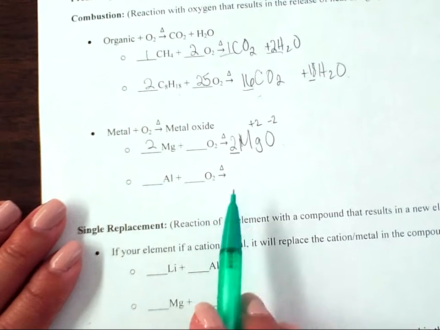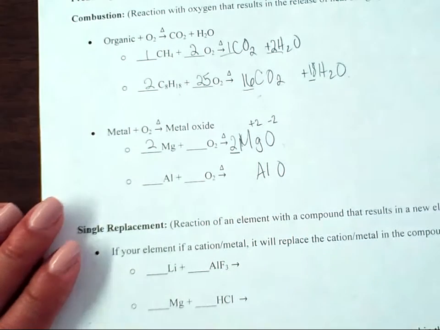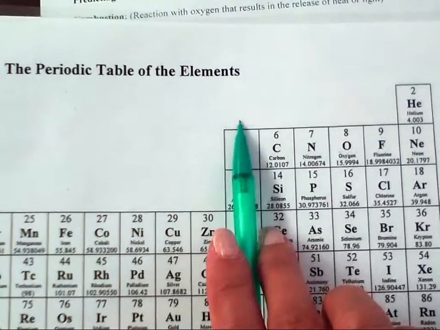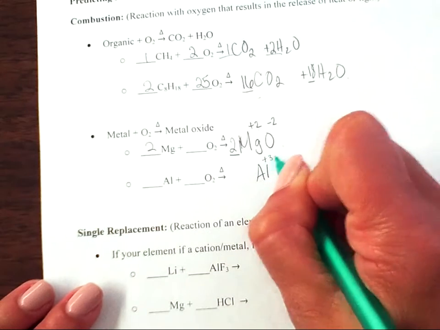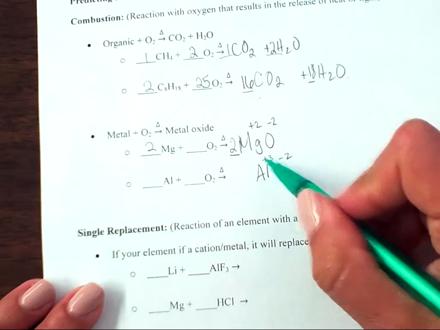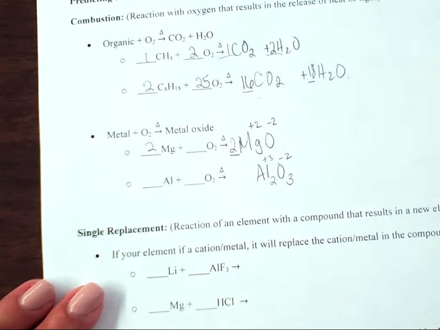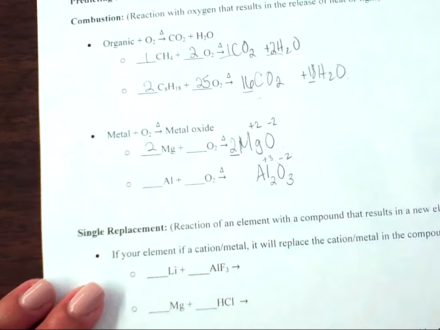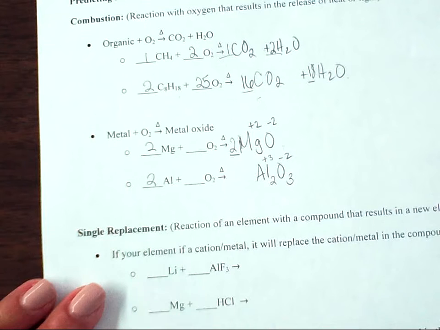To make it an aluminum oxide, you would have the aluminum, you'd have the oxygen. If you look up the charge of aluminum, you would have a +3 and oxygen is a -2. So +3, -2, you would bring down the crisscross and you'd end up with aluminum oxide. Now we have 2 aluminums on the right. In order to make that balance, I can put a 2 here.